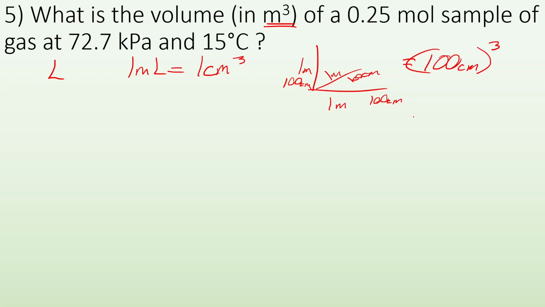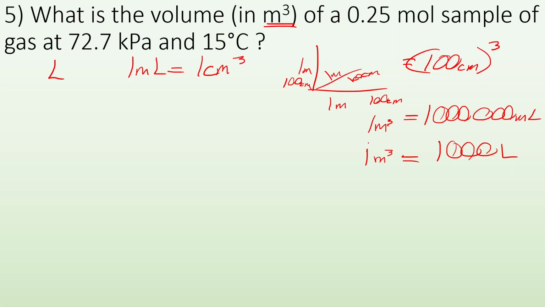That sounds right. 1 million cubic centimeters, or 1 million milliliters, is equal to 1 cubic meter. So if I converted this to liters, 1 cubic meter is equal to 1,000 liters. And I'm going to need that conversion factor eventually.